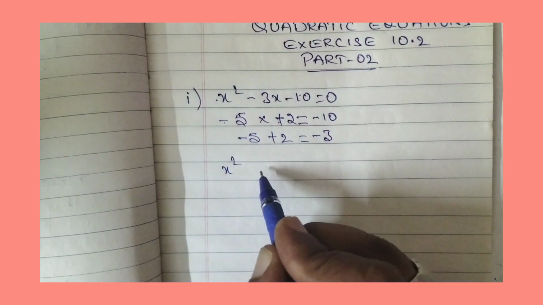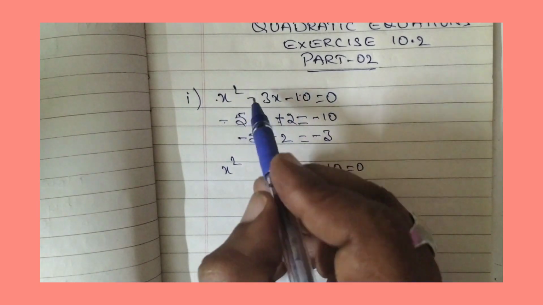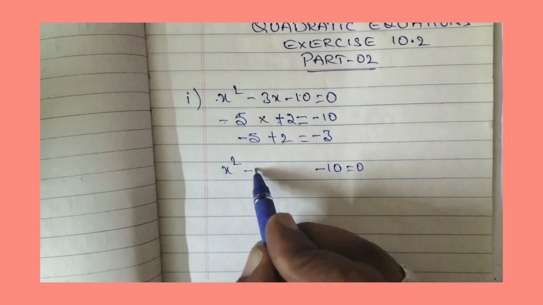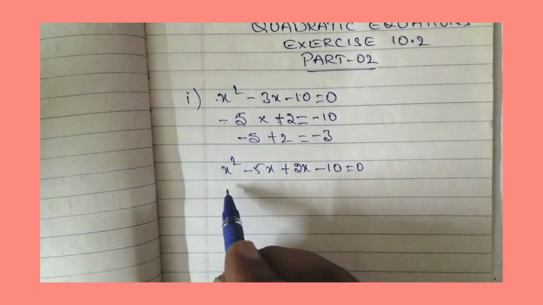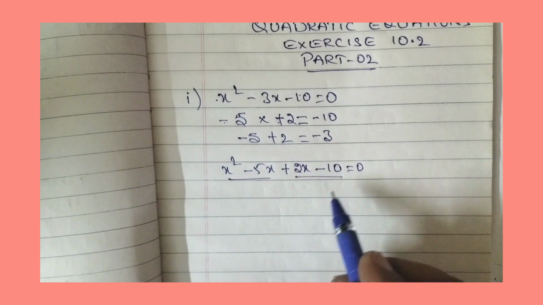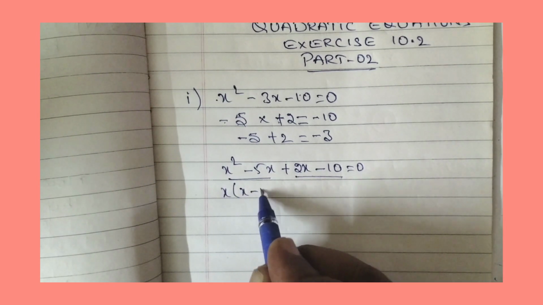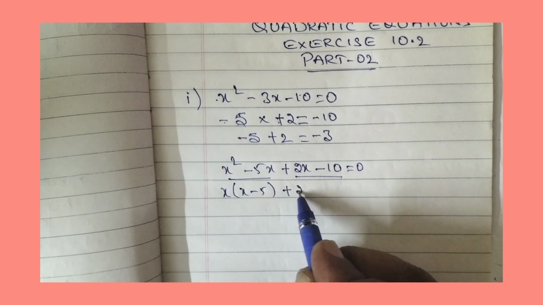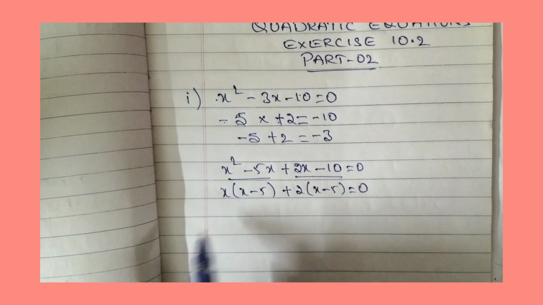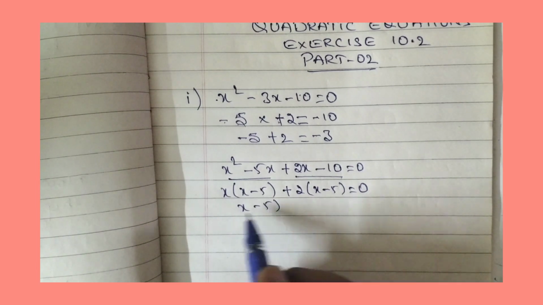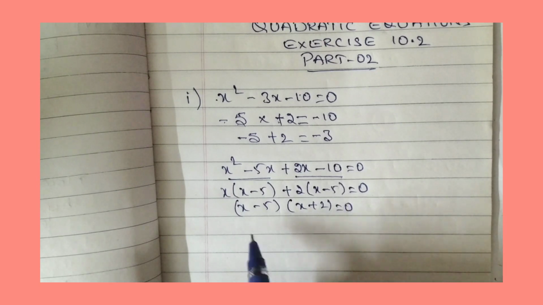So x square as it is, minus 10 is equal to 0 as it is. Minus 3x can be written as minus 5x plus 2x. These two are one group and these two are one group. You take x as common, then what is the remaining? x minus 5. Taking 2 as common, the remaining is x minus 5, which is equal to 0. x minus 5 is common, then x plus 2 is equal to 0.